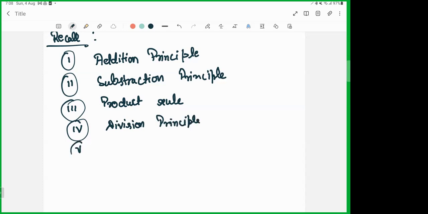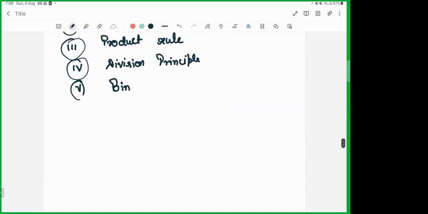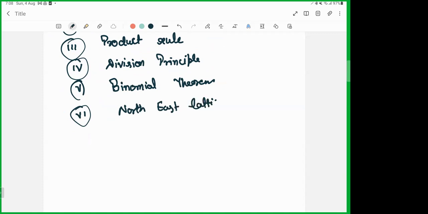And binomial theorem. And what else? Northeast lattice paths.